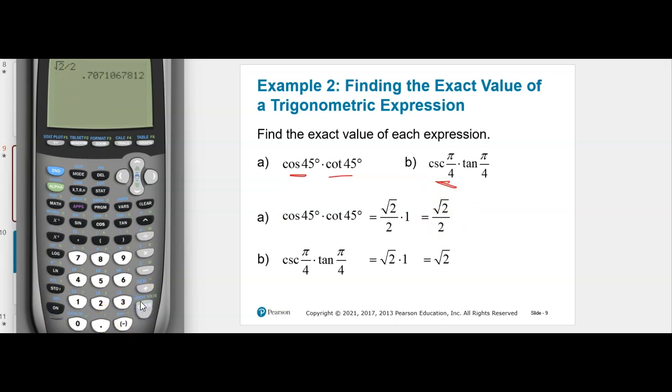And by the way, here's your mode. You can see if you're in radians or degree mode, and you're going to have to be able to adjust that when you do these different problems. I'm in radian mode now, so if I did cosine of pi over 4, that decimal matches with that decimal.